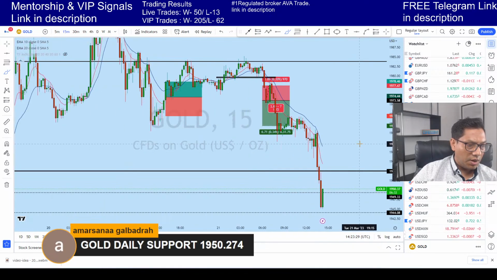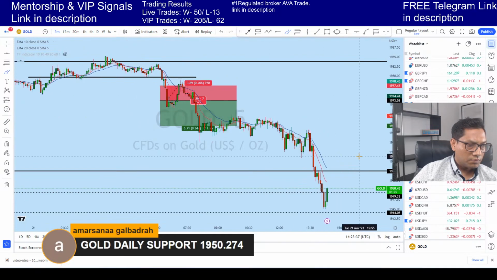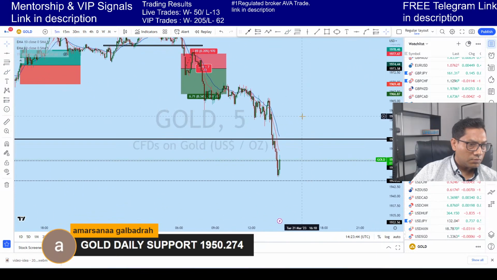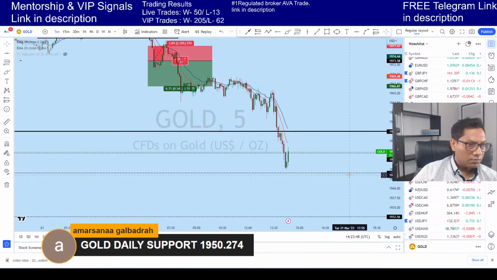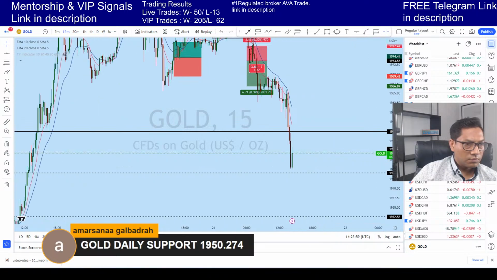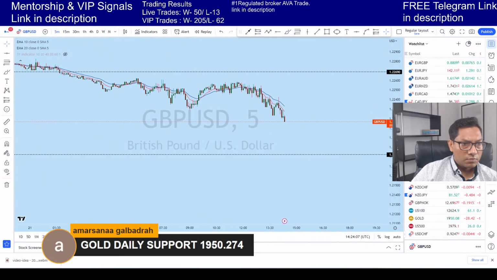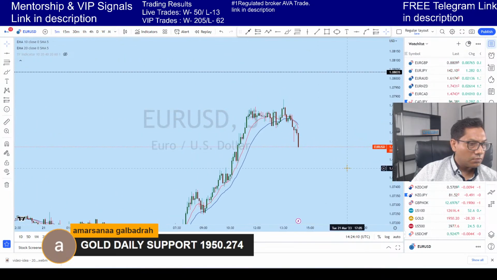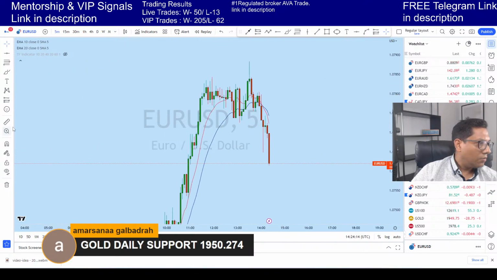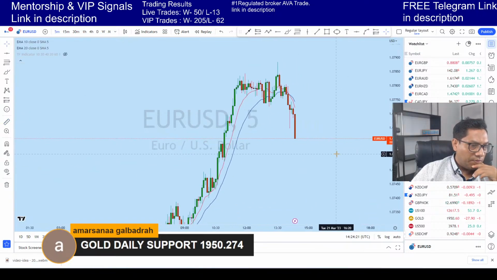So you see that gold has a bounce to the upside. How many pips here? Super aggressive drop. So Euro Dollar, you can see GBPUSD, Euro Dollar.